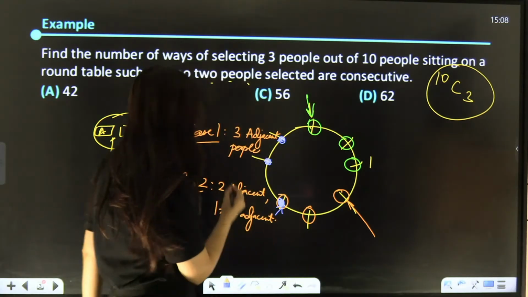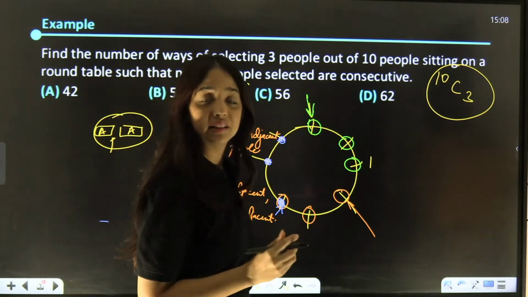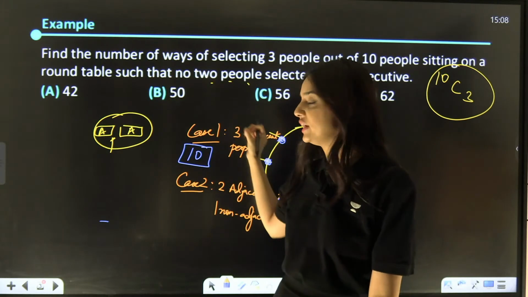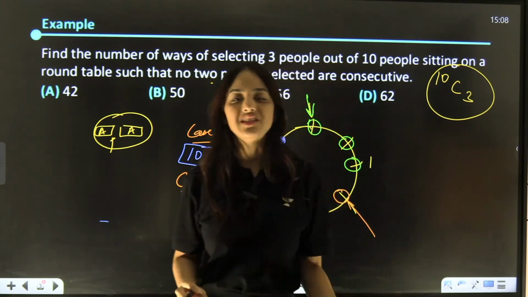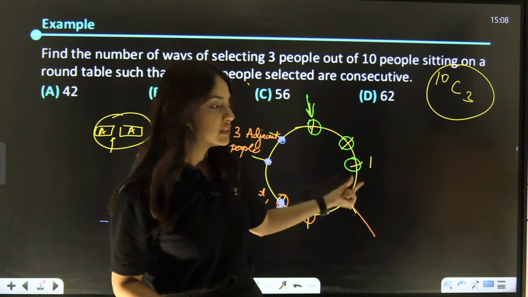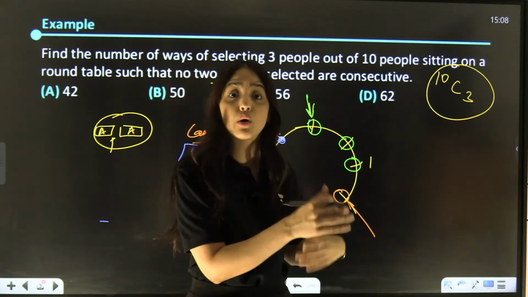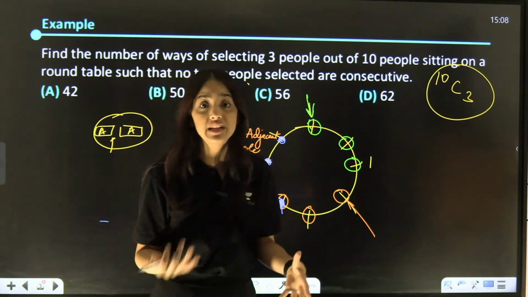So that means case 1 has 10 possibilities. There are 10 ways of selecting 3 adjacent people, because as soon as you fix one person, you get a unique possibility, a unique arrangement, because you're only going in one direction. If you were counting both the directions, then you would see repetitions.